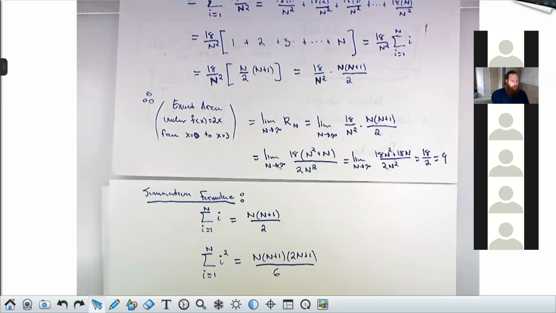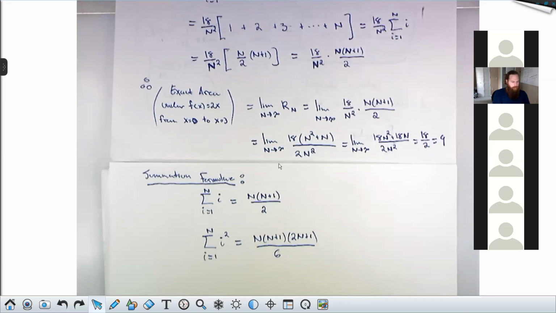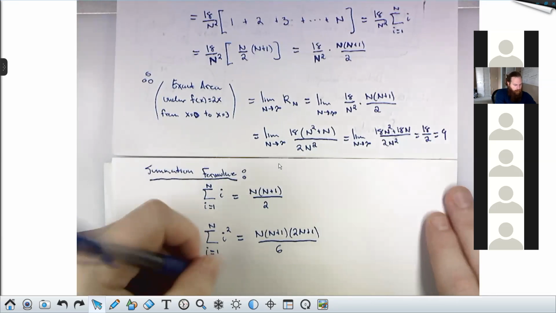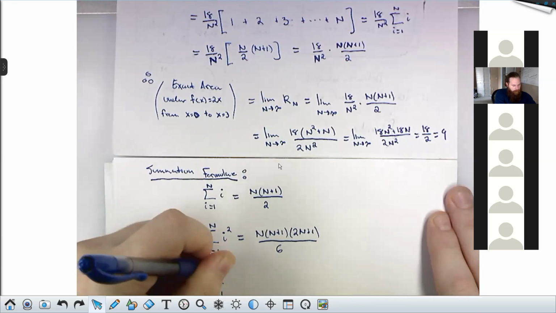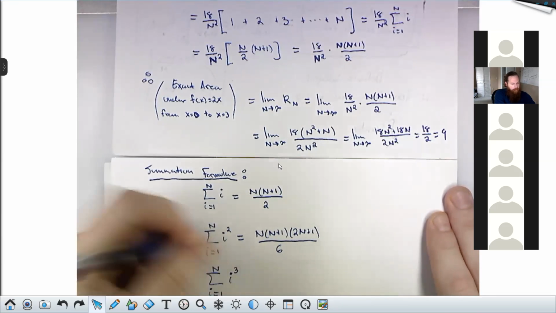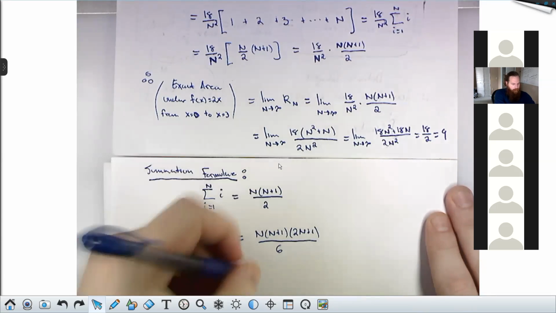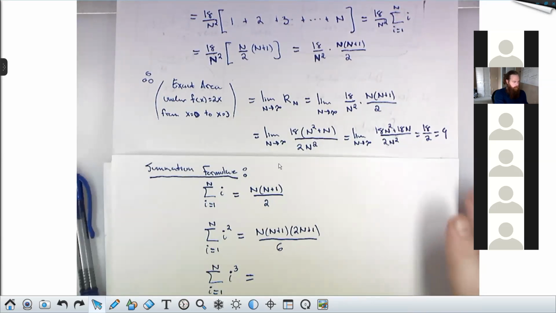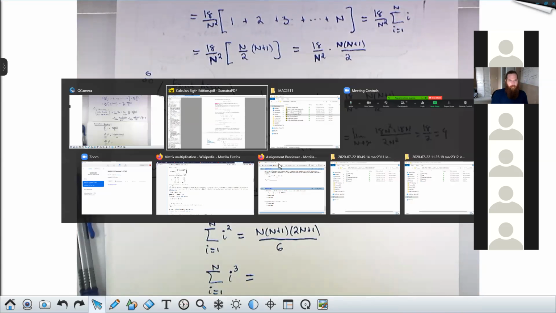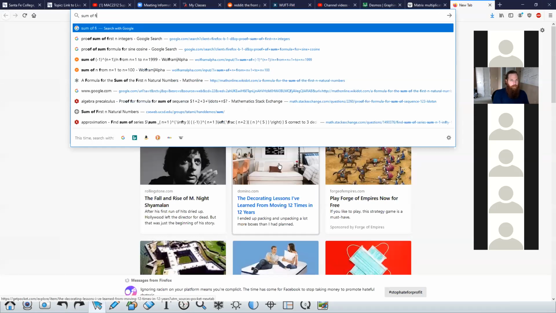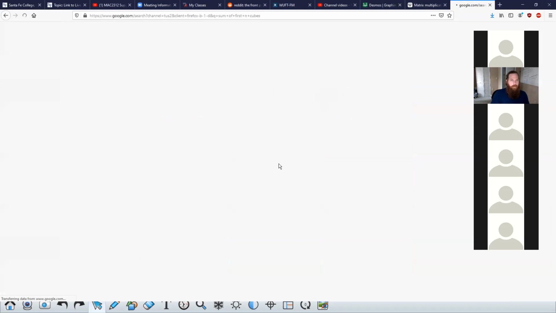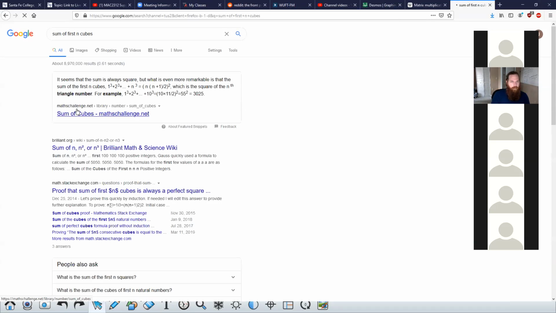And if you add up the first n cubes, I want to double check myself on this one because I haven't used it in a while. I think you get the square of this. But let me double check really quick because I don't want to tell you something wrong. Oh, the first n cubes. Yeah, it is. Okay, good.